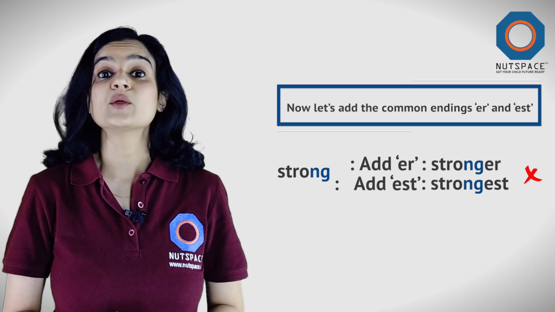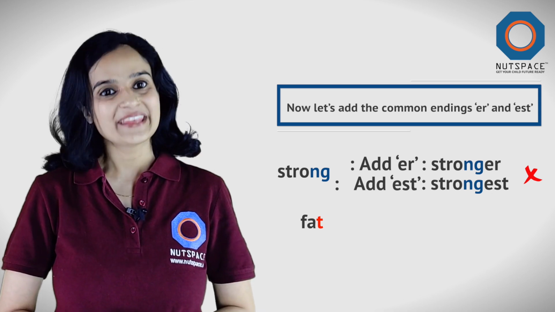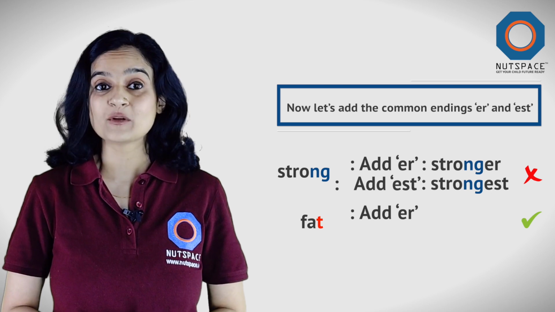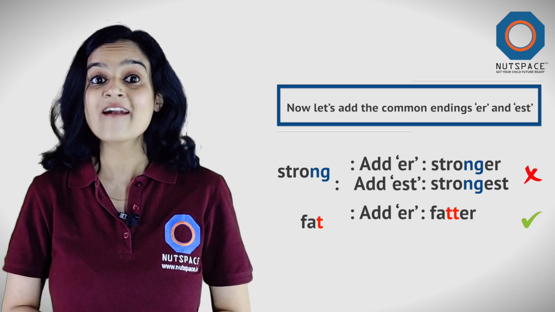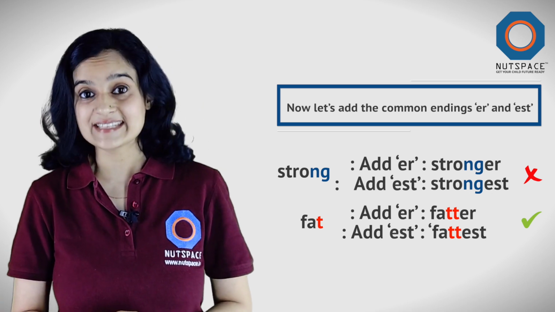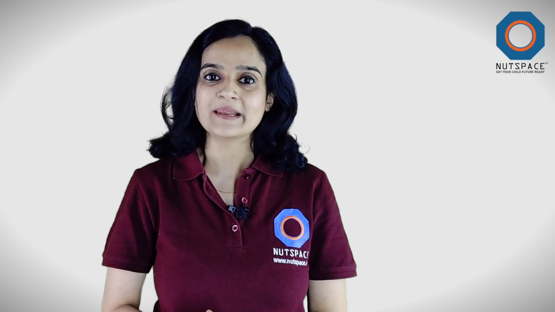Similarly, when we take the word fat, here the doubling will happen. When ER is added, fat will become F-A-T-T-E-R, and EST, it will become F-A-T-T-E-S-T. I hope you've understood when to apply the doubling and how it works.